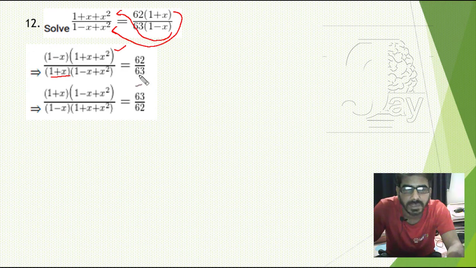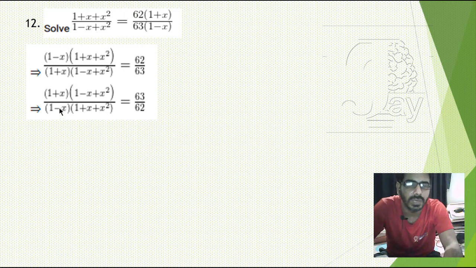You can continue with that, but we have just taken the invertendo for the terms. Okay, we have taken the denominator to the numerator here. So denominator by numerator here also we have taken the invert of that. Okay, so 63 by 62. So it's the same thing. If you take invertendo, this is actually invertendo.